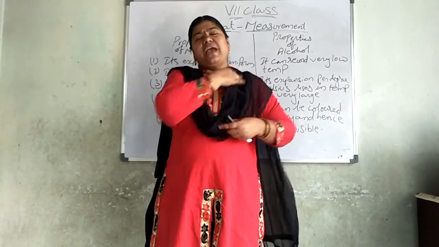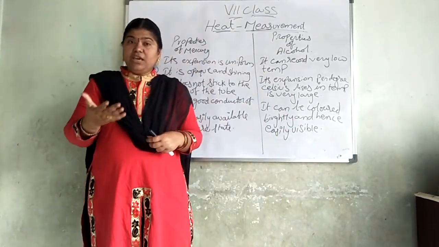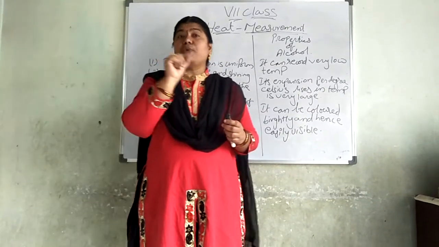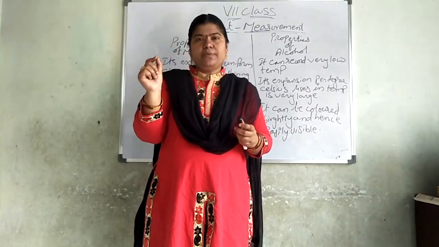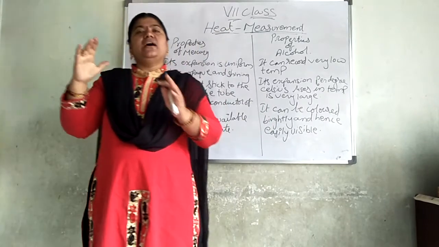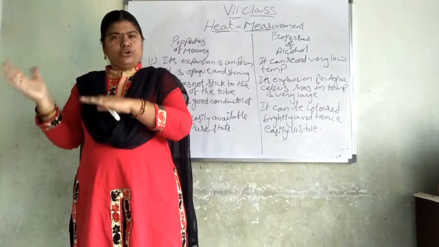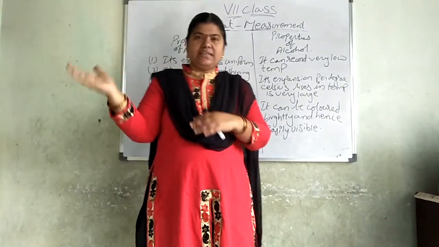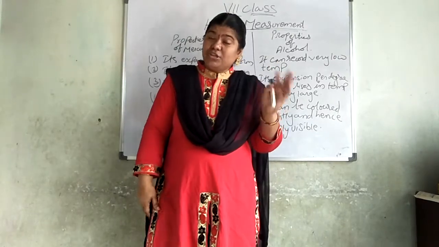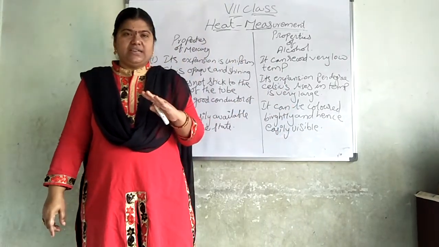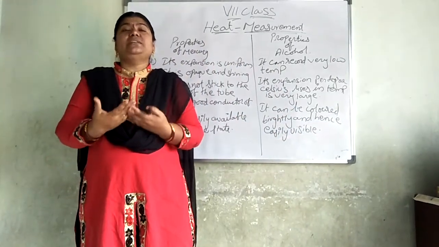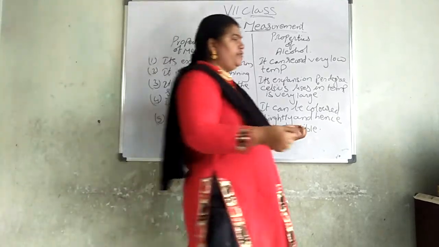Now, when we are using a clinical thermometer, the measures will be there: 0 degrees, 10 degrees, 20 degrees, 80 degrees, 90 degrees. In Celsius we will have, and also in Fahrenheit we will have. If these measurements are wiped out, then what do we have to do?